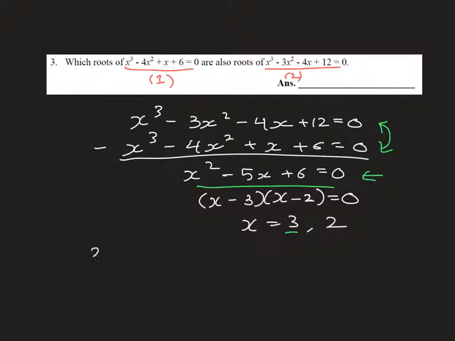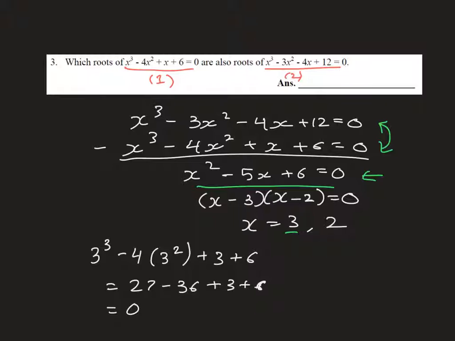So that would be 3 cubed minus 4 times 3 squared plus 3 plus 6. And this is equal to 27 minus 36 plus 3 plus 6. And this equals 0.